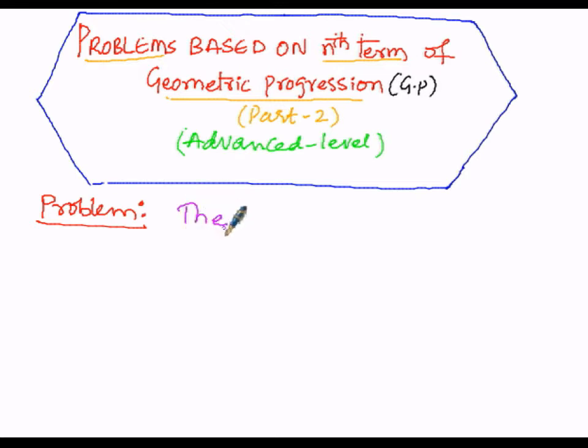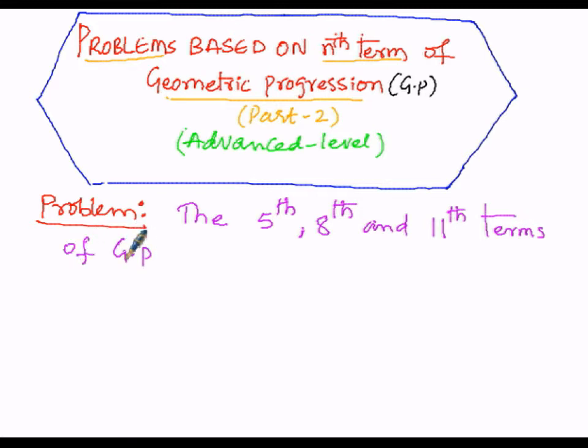The fifth, eighth and 11th terms of a geometric progression are P, Q and R respectively.